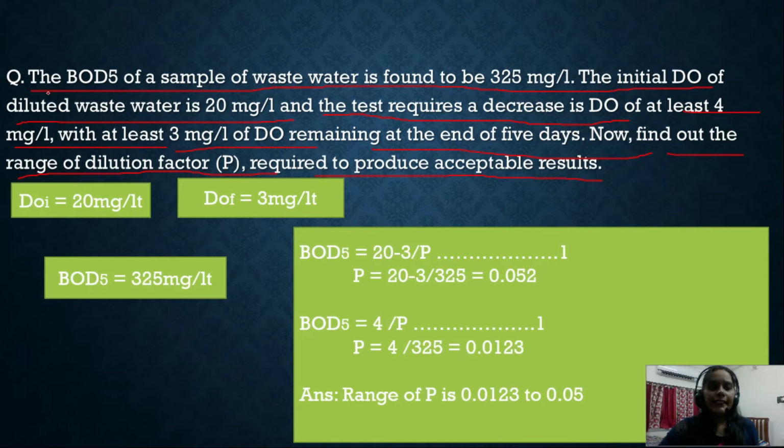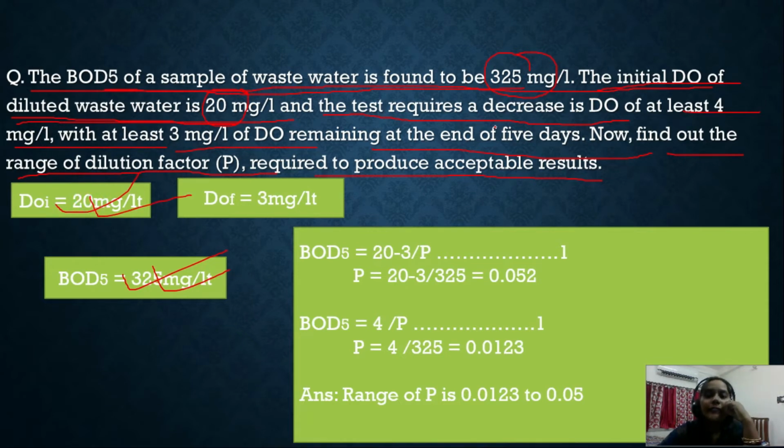In the first sentence, the BOD 5 of a sample of wastewater is found to be 325 milligram per liter. That means BOD value is given, checked. Now the initial dissolved oxygen of diluted wastewater is 20 milligram per liter. Initial value is given. Understand?